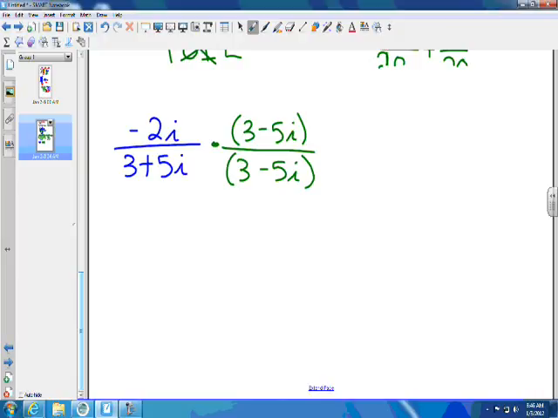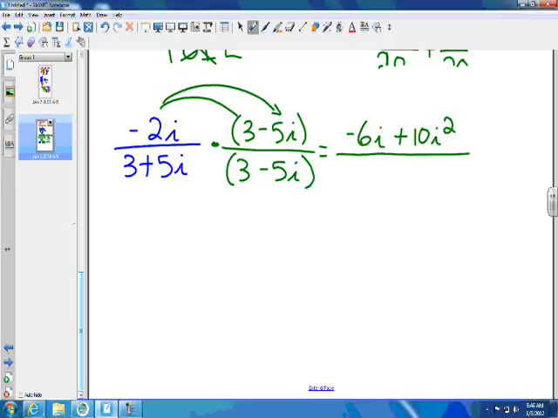So on top, we just distribute the negative 2i again. Negative 2i times 3, negative 6i, and negative 2i times negative 5i would be plus 10i squared.